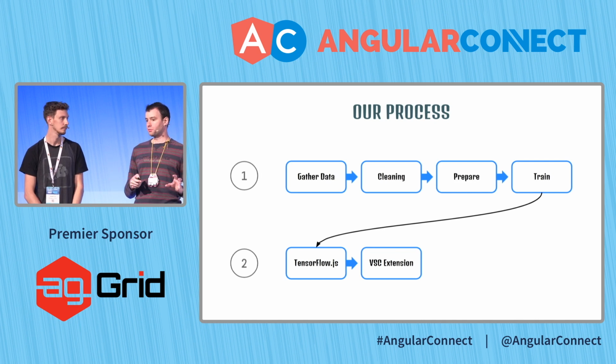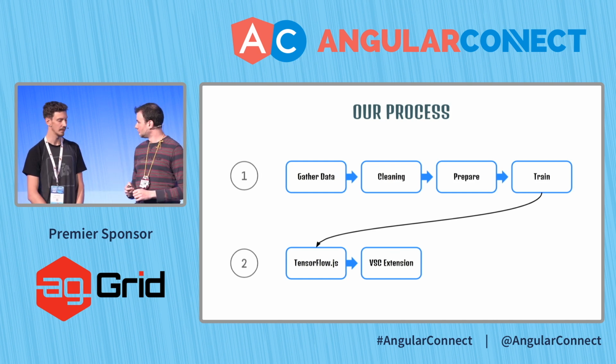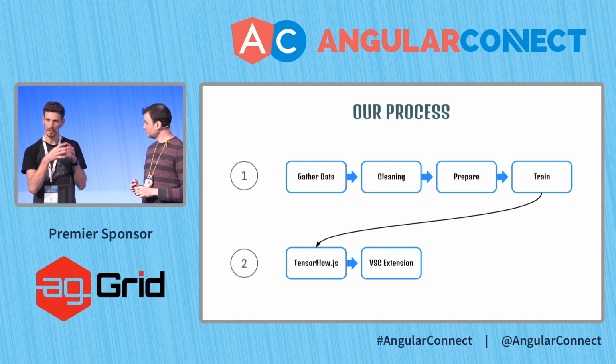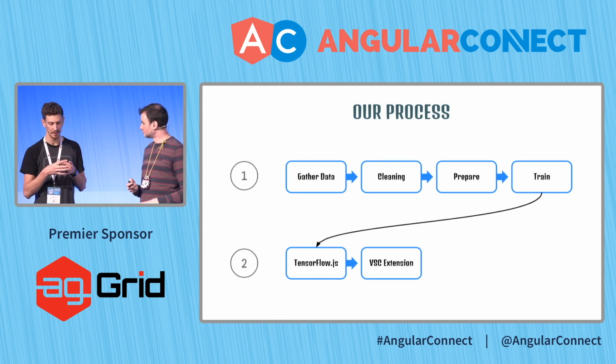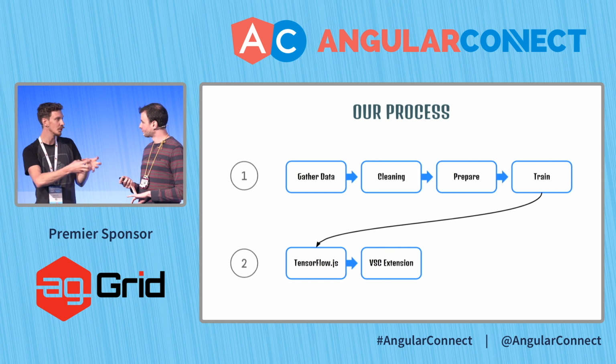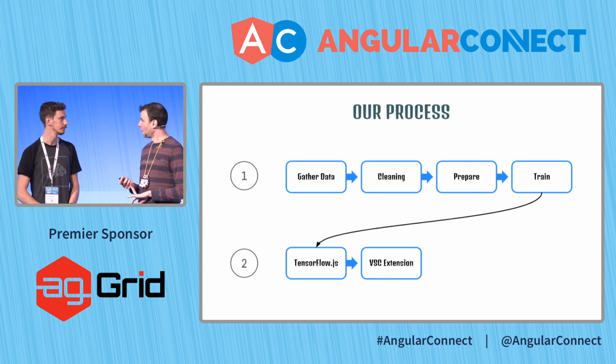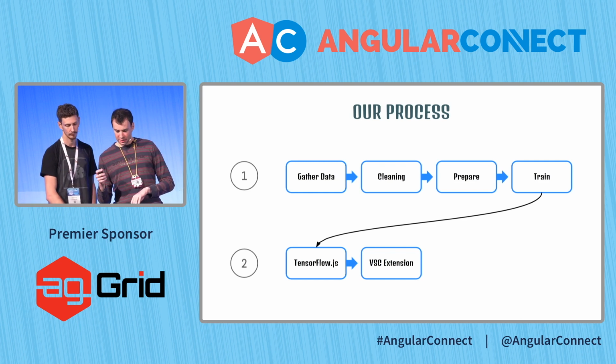There are also versions for JavaScript, for Android, for iOS. So a bit like Angular, it's universal. You can run your models anywhere. You can create them in Python, run them in JavaScript. Exactly. And then once we have it in the JavaScript world, we can use the tools that we use, such as Visual Studio Code, which is awesome. And then we can create an extension for it so that we can consume the model in an extension and then predict the comment.